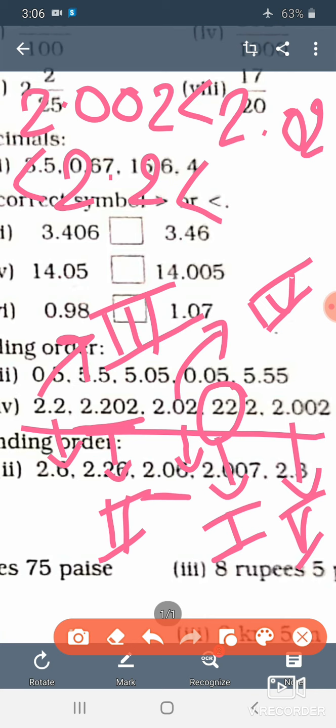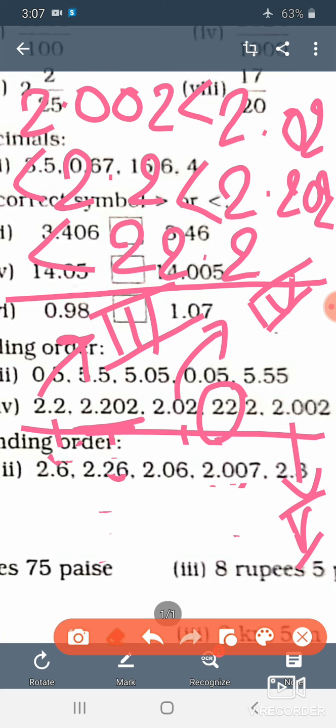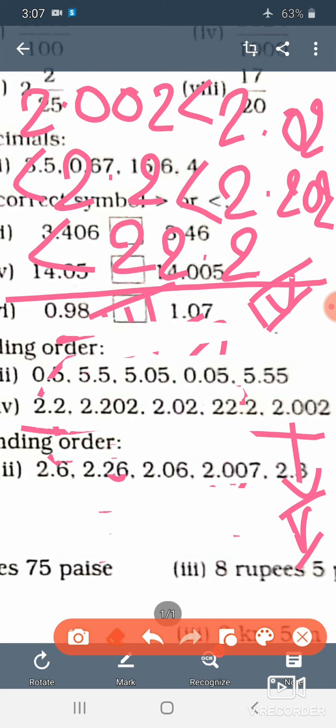The fourth least number is, not 22, wait, let me check, 2.202, 2.20 and 2. Please try to understand it. And the greatest one is 22.2. These things you can erase. So the answer is the one written above. Fine.